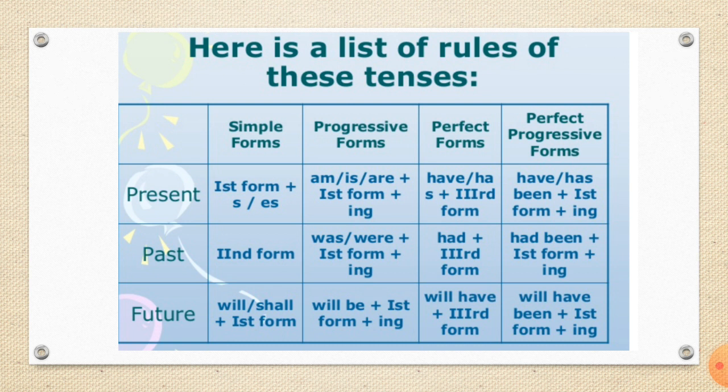And we will see what is perfect progressive forms. In present tense, have or has plus been plus first form of the verb plus ing form. And in past tense, had been plus first form of the verb plus ing form. And in future tense, will have been plus first form of the verb plus ing form.